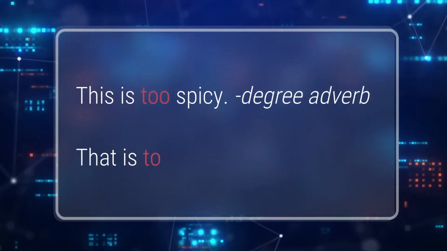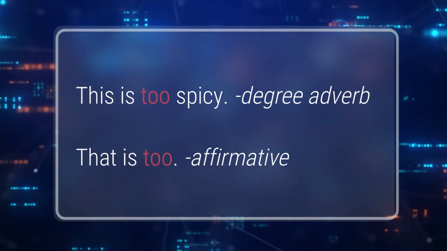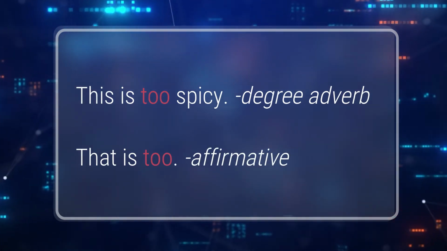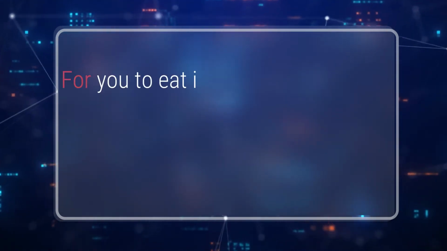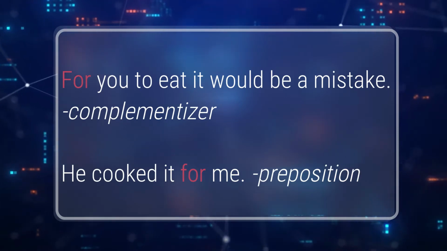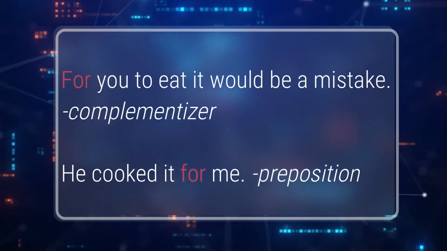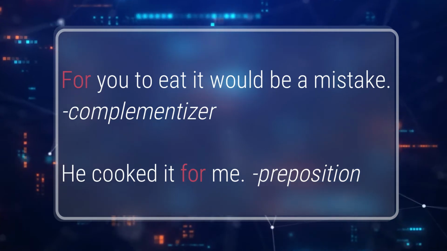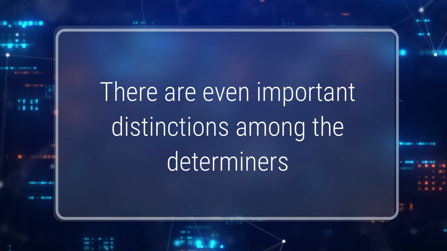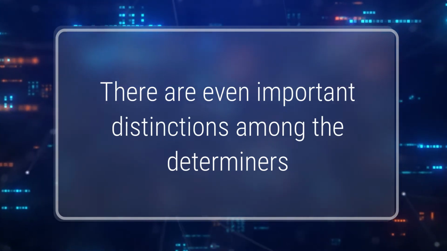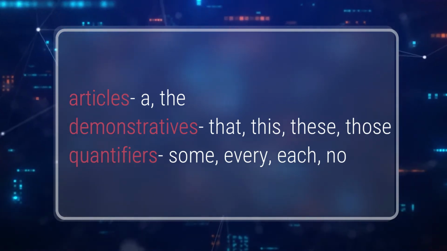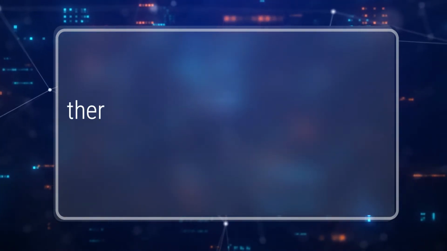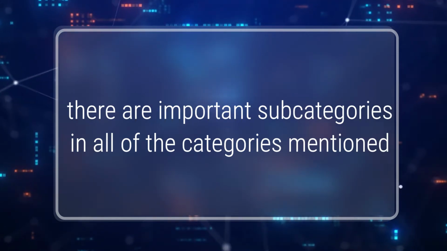Notice also that the degree adverb too in "this is too spicy" is not the same word as the affirmative too in "that is too," which was mentioned. Similarly, the complementizer for in "for you to eat it would be a mistake" is often distinguished from the preposition for in "he cooked it for me." Remember that there are even important distinctions among the determiners, like articles, demonstratives, and quantifiers. In fact, there are important subcategories in all of the categories mentioned.